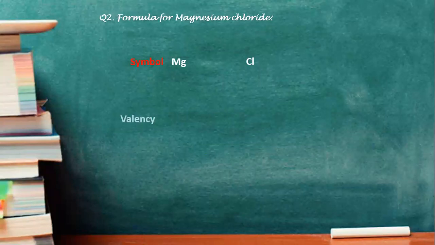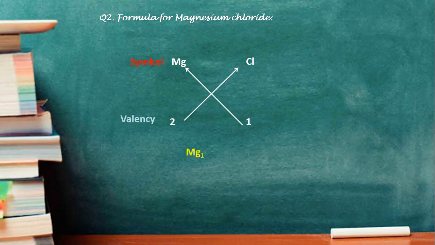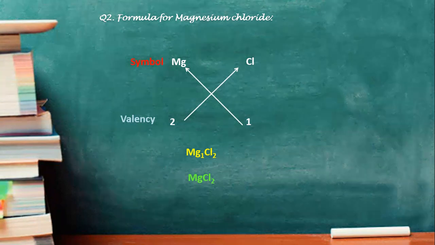Magnesium ka valency is 2 and chloride ka valency is 1. So after that we crisscross it. So Mg1 Cl2. We always know that 1 is understood. So MgCl2. That is the formula for magnesium chloride. Okay. So understood how to use the valency chart.